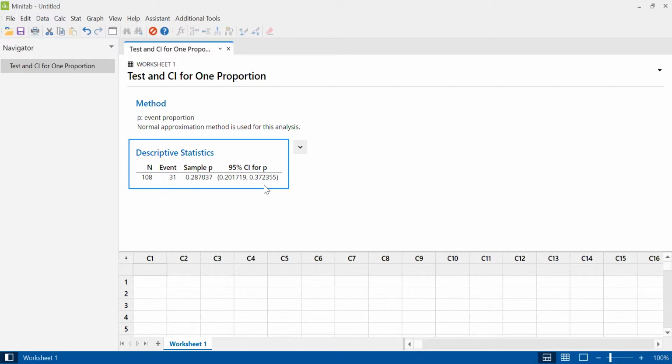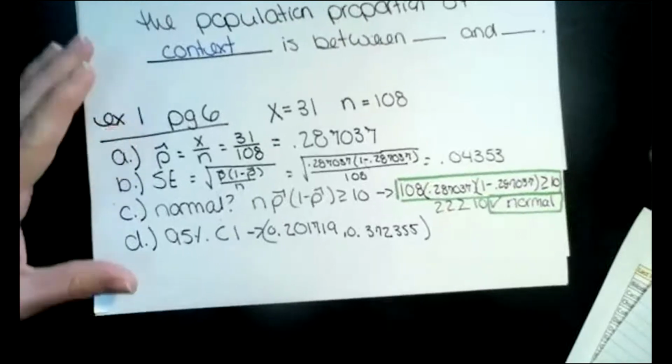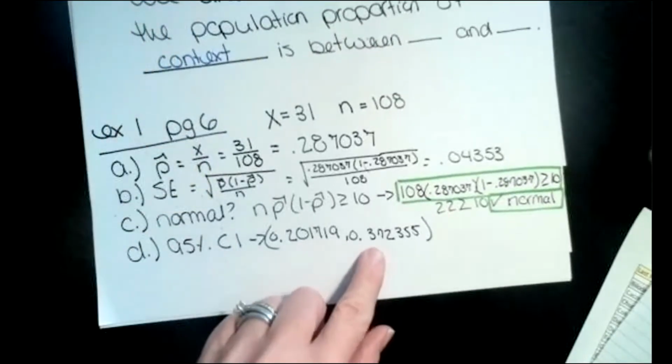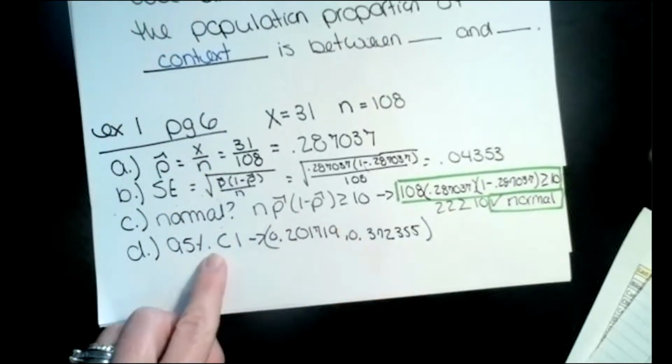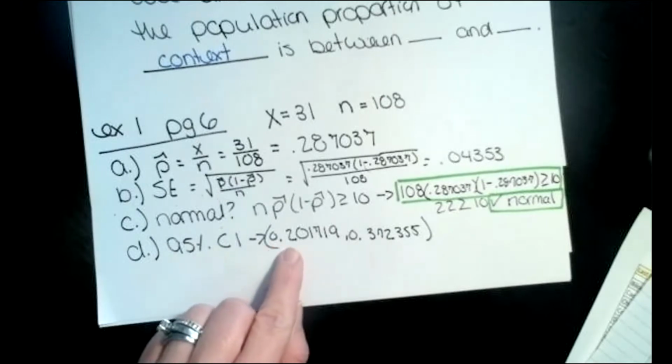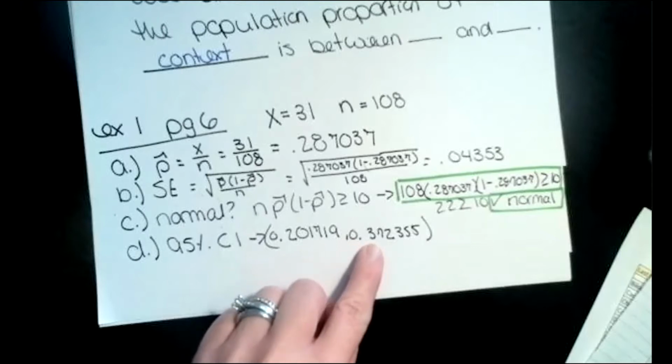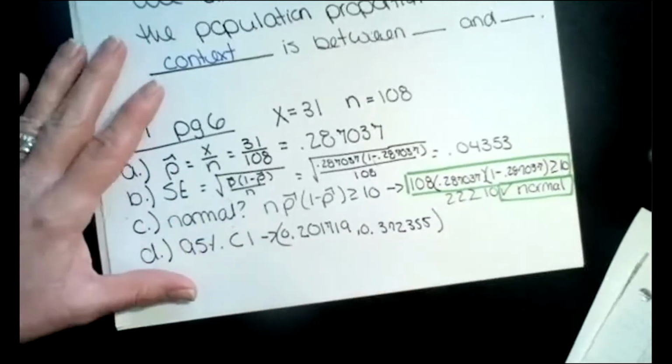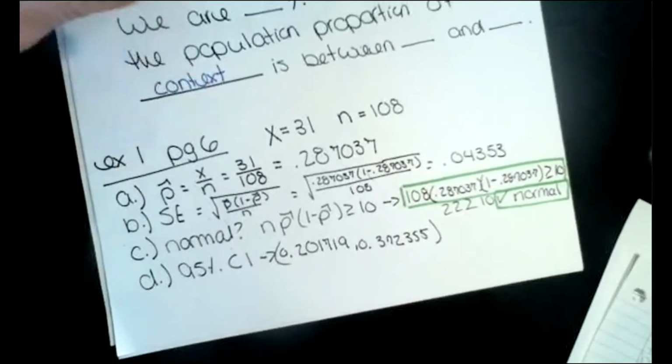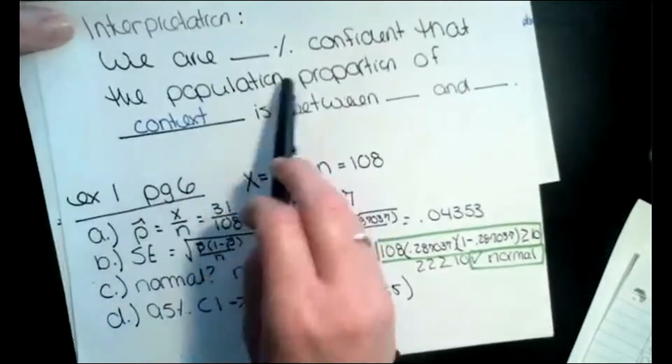I'm going to copy and paste this into my Word doc, and then I would interpret it. So I'm going to go back to my screen here. You can see I wrote it. It's kind of sloppy and crooked. My 95% CI is 0.201719 up to 0.372355.